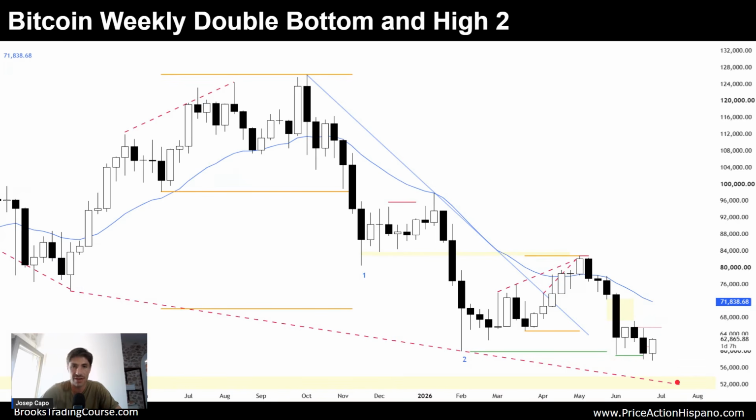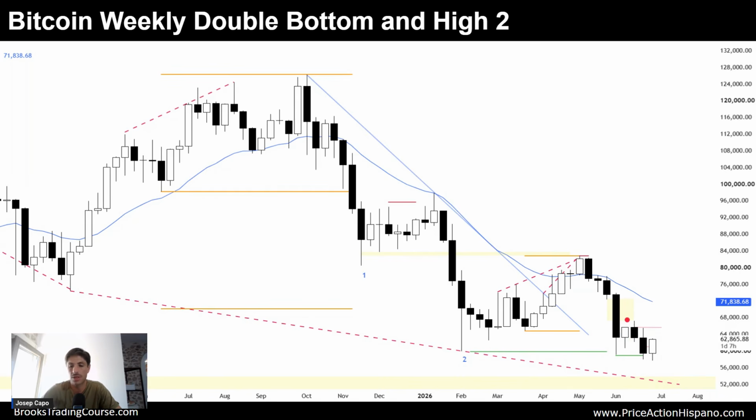However, on this time frame, the bulls need at least a close above this minor lower high, so above the $65,000 or $66,000 area. They need a close here because for now it may be just a pullback into this small bear leg.